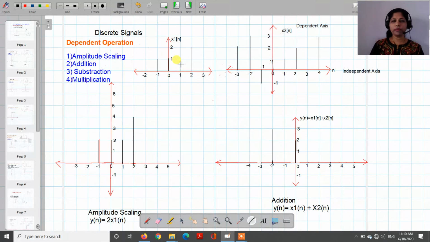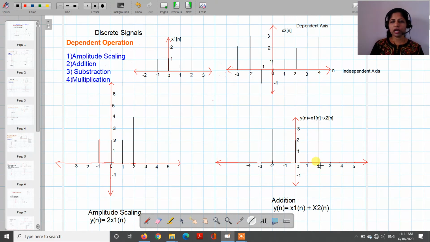At 1 the amplitude is 1 for x1 and for x2 the amplitude is 1. So 1 plus 1 becomes 2. Next, at 2 the amplitude for x1 is 2 and for x2 is 2, so 2 plus 2 is 4.